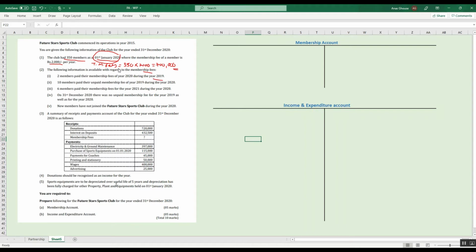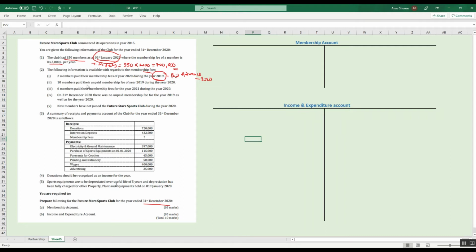We are preparing the financial statement for the year ended 31st December 2020, so this amount is paid in advance for 2020.